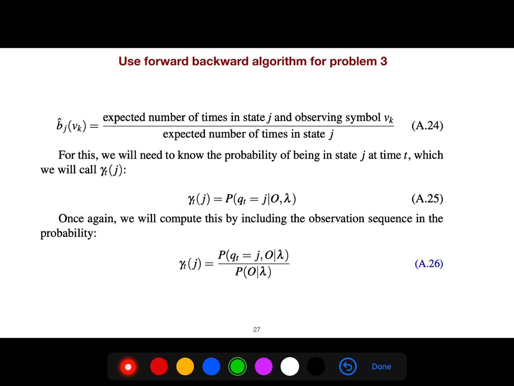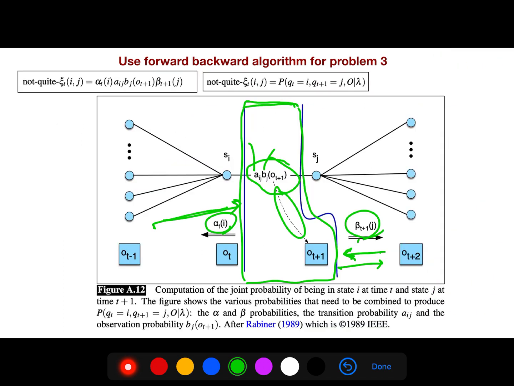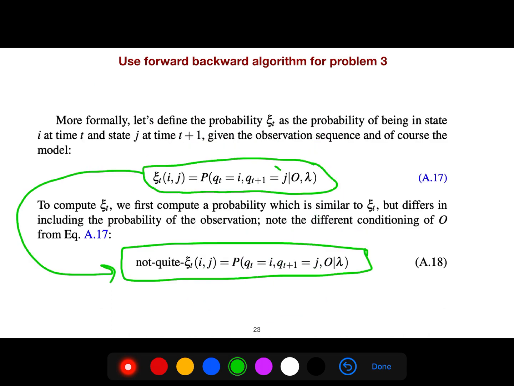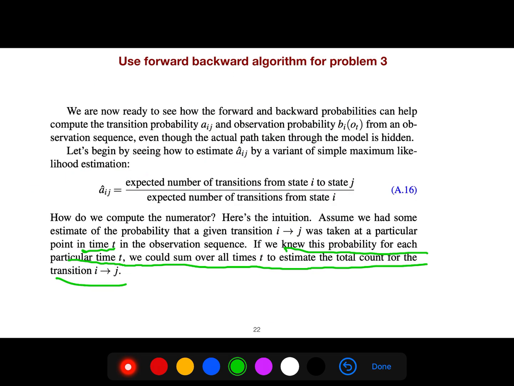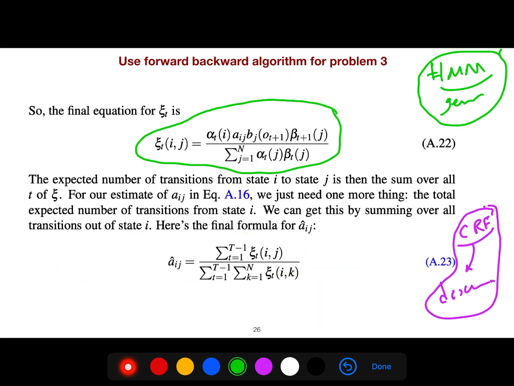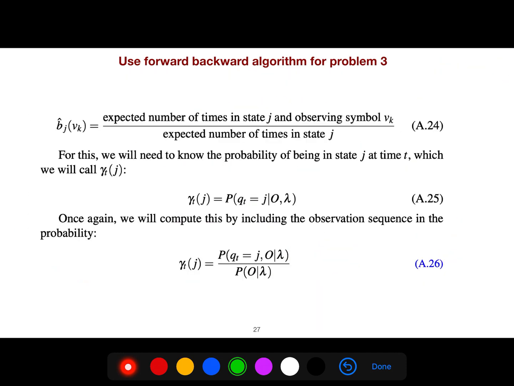And b is the expected number of times in state j and observing a symbol. This is that emission. So a was your transition. This a was the transition probabilities that you normalize. The same thing for b. b is your emission and you normalize it. So we will need to know the probability of being in state j at time t, and we call it gamma t.